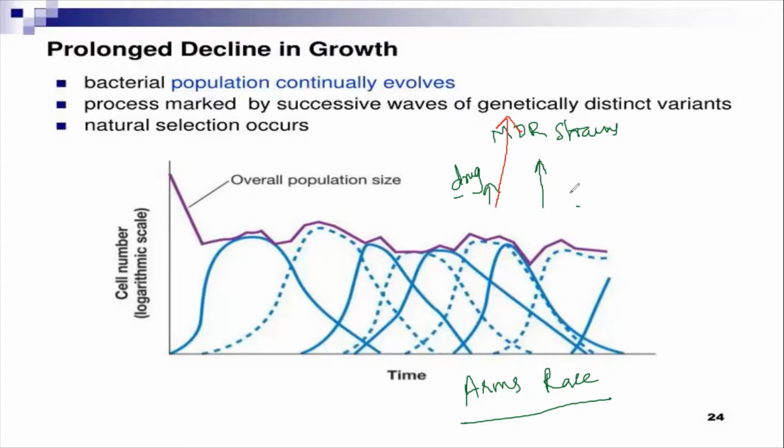There will be a few other mutations happening so that the bacteria is able to survive the action of this particular drug. So this keeps going ahead, and then again the bacteria will go ahead. So this is the arms race, and this will never end unless one of the species becomes extinct. Clear? This is clear, guys, to everyone.